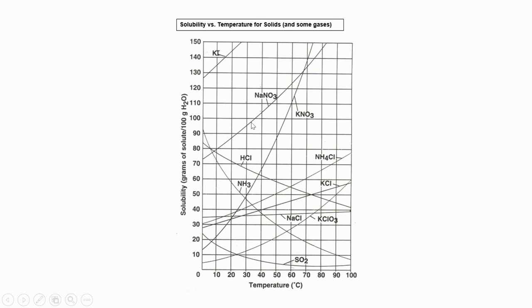How much does it take to make a saturated solution? All of those are answered by saying, here's the temperature, here's the amount. We can also use the graph to answer questions about what type of solution do I have: saturated, unsaturated, supersaturated. So I'm going to go through these 12 specific examples.